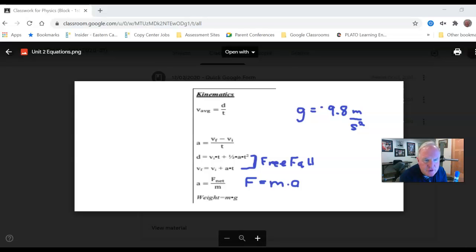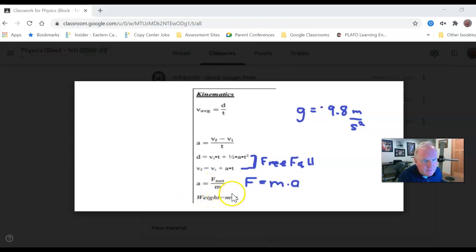Why does weight change? Well, when we look at the weight equation, weight equals mass times gravity. Since mass doesn't change, if we're on a planet where the gravity is less, like the moon's gravity is only negative 1.6, where the gravity on Earth is negative 9.8, then things weigh less on the moon.